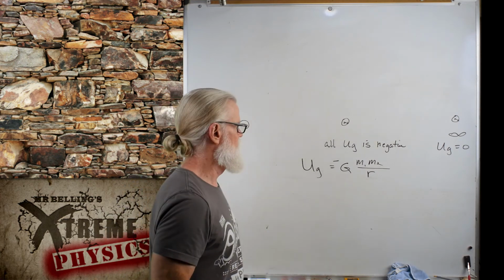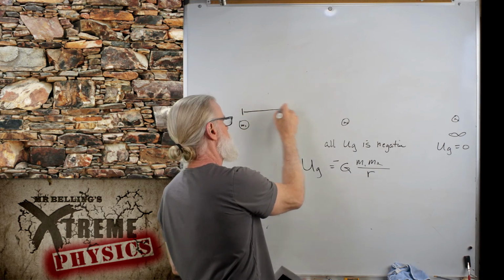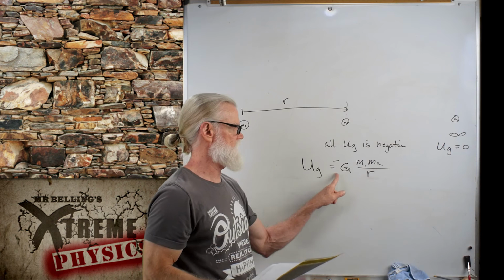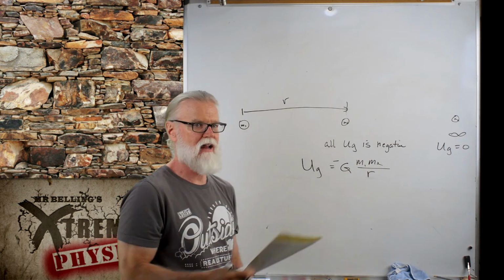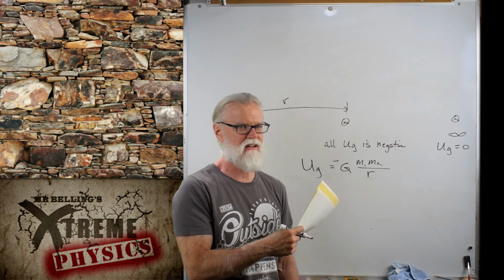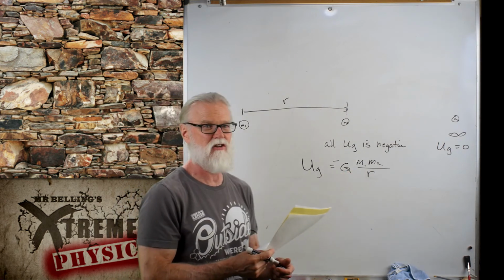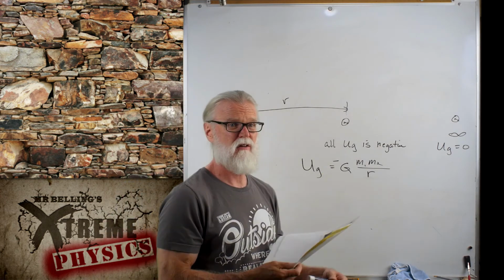Right? So at this position R, the gravitational potential energy is minus G M1 M2 divided by R. Not squared. You've got to be careful. It's not squared now. It looks a lot like the universal gravitation relationship, but it's not squared, and it's negative. All right, so there we go.